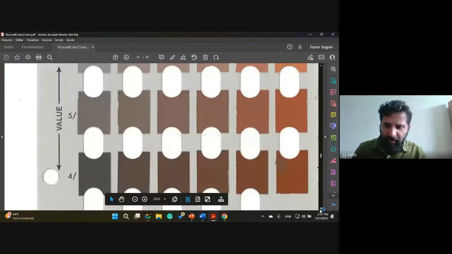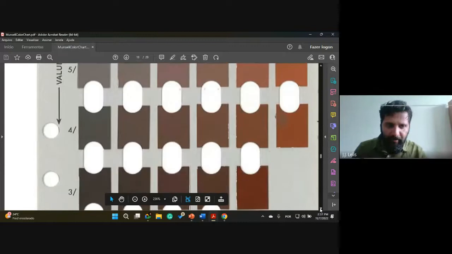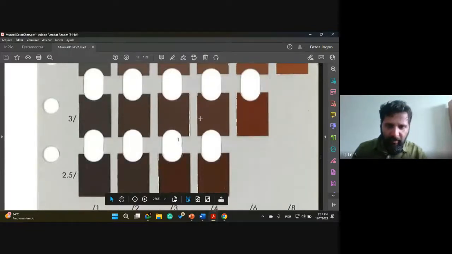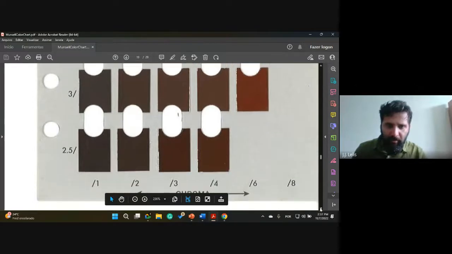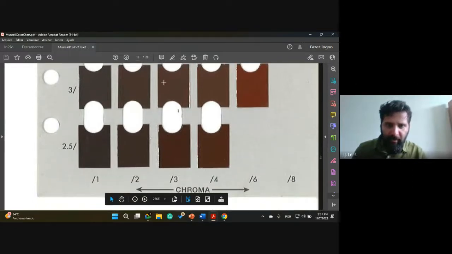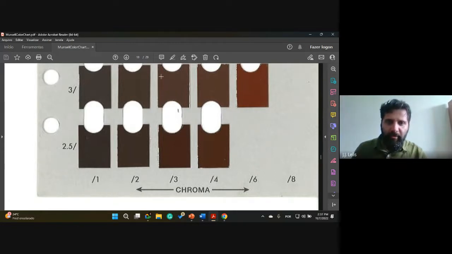So it's something like here, 3 and 3. So the color is here. Okay, this is the color of our surface horizon.